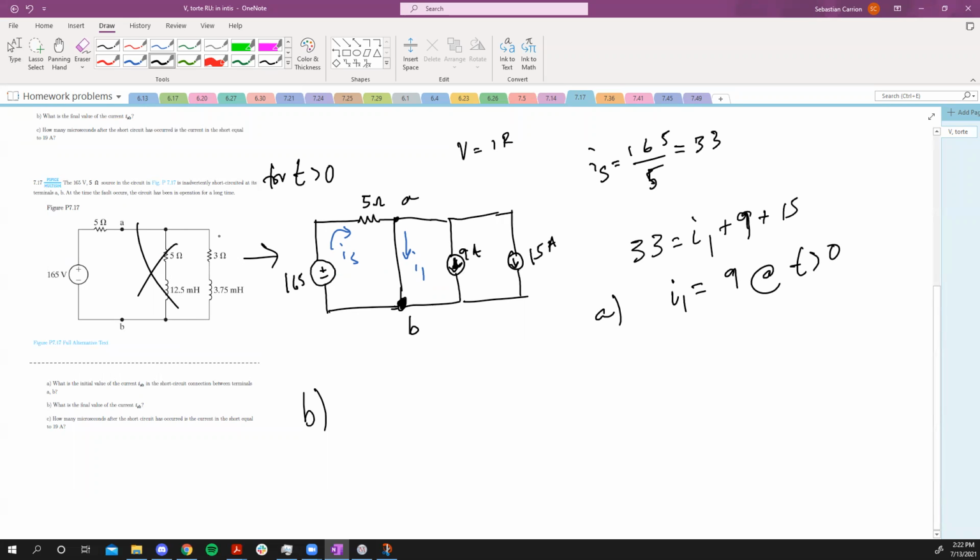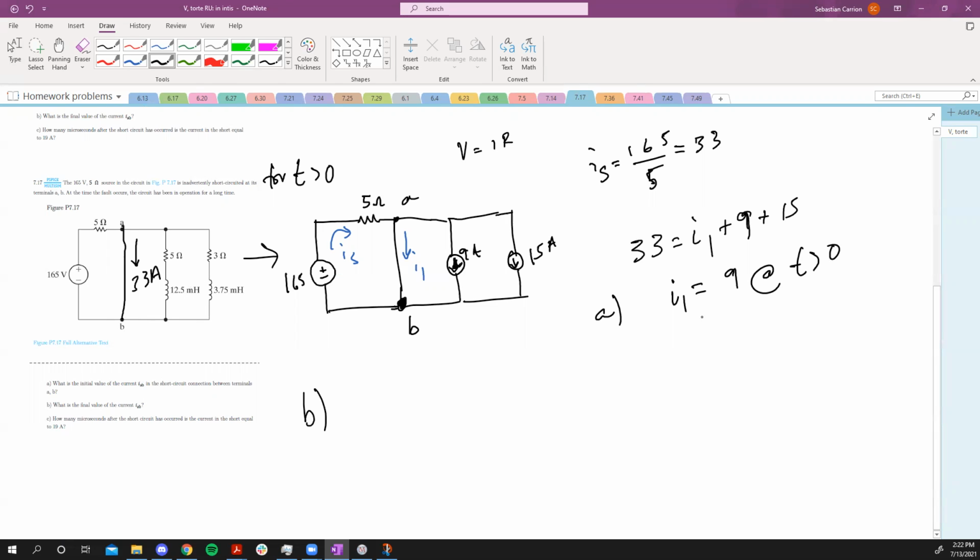So essentially, our circuit would look like this, and those 33 amps coming out of here mean the final current IAB is going to be 33.